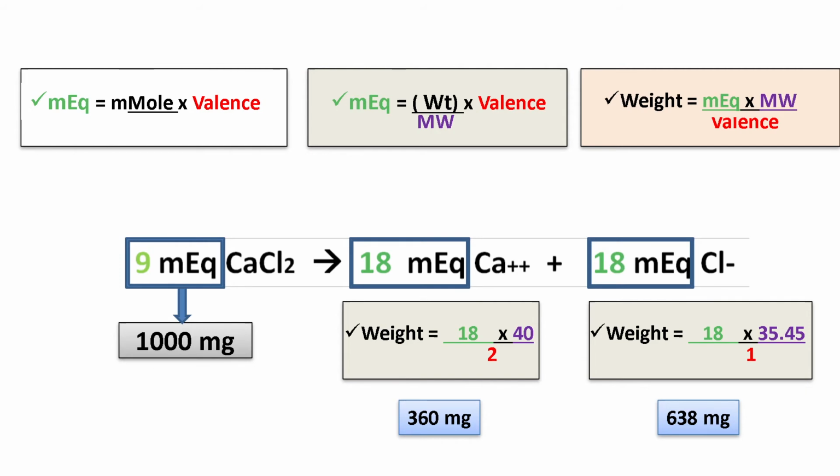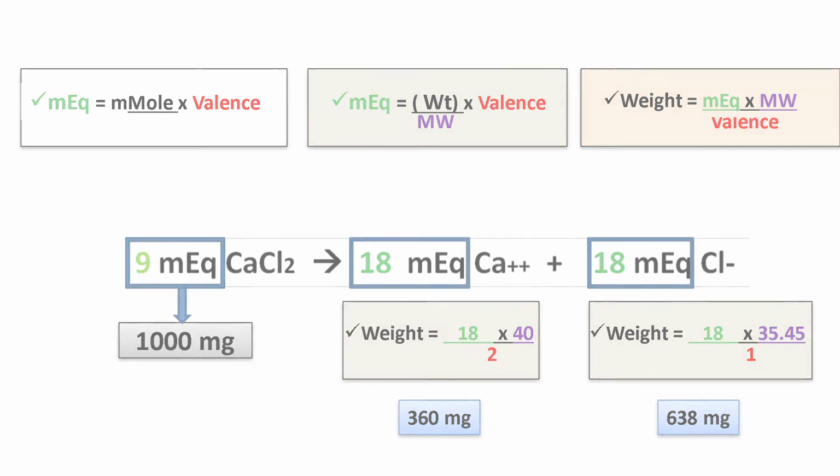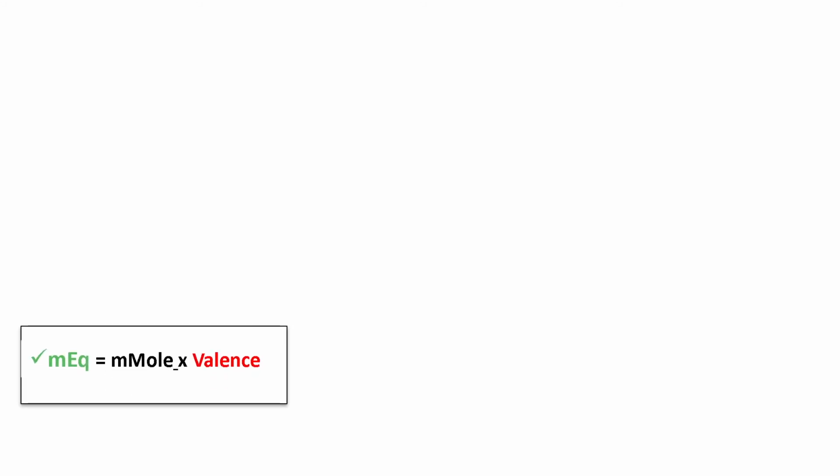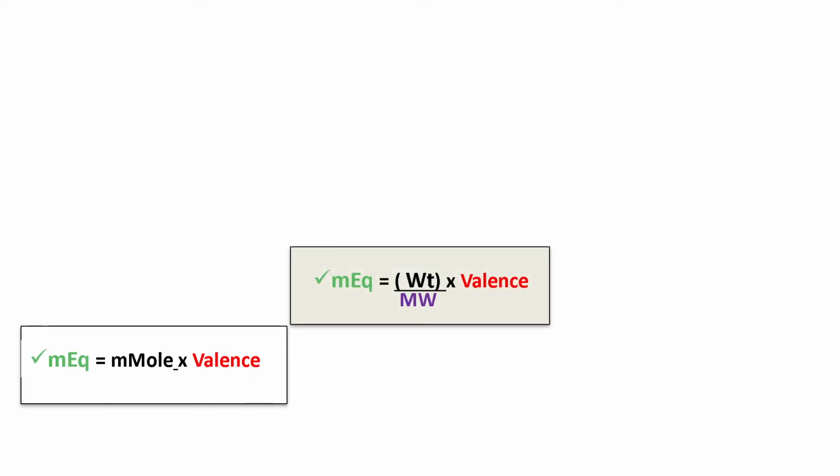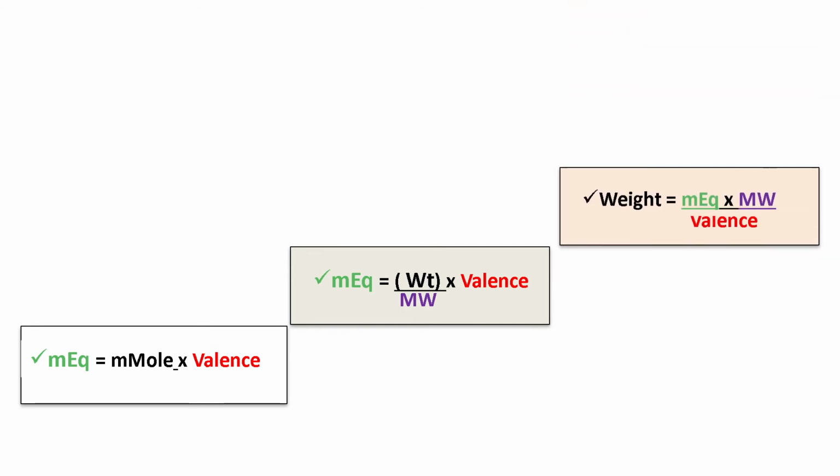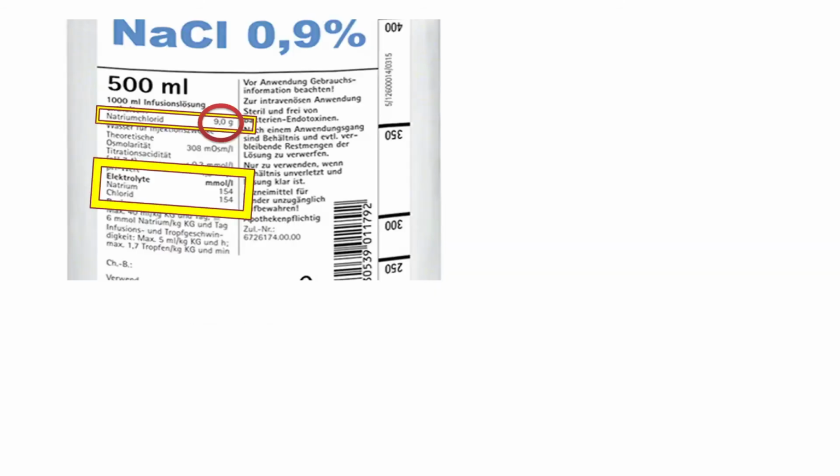Hence, we get a value of around 638 milligrams. So you can see from the equation of milliequivalent, we can get the equation of the weight of an element or an ion. Easy, isn't it?